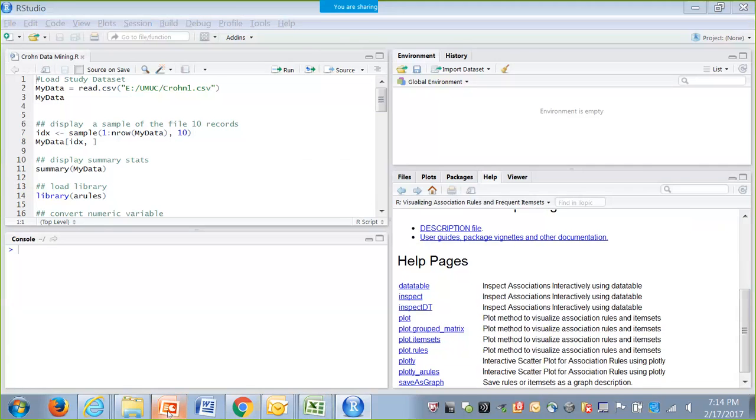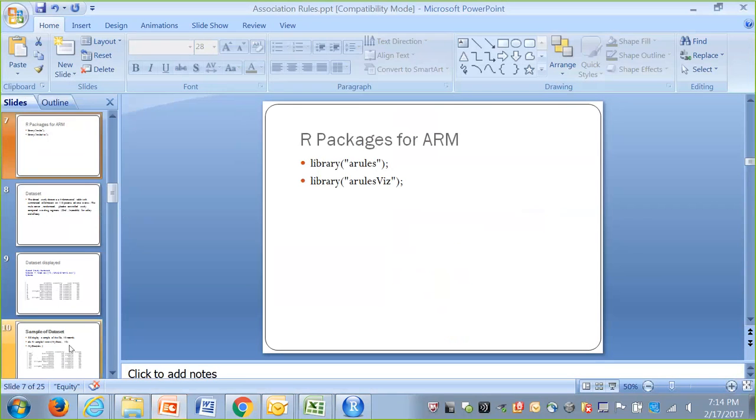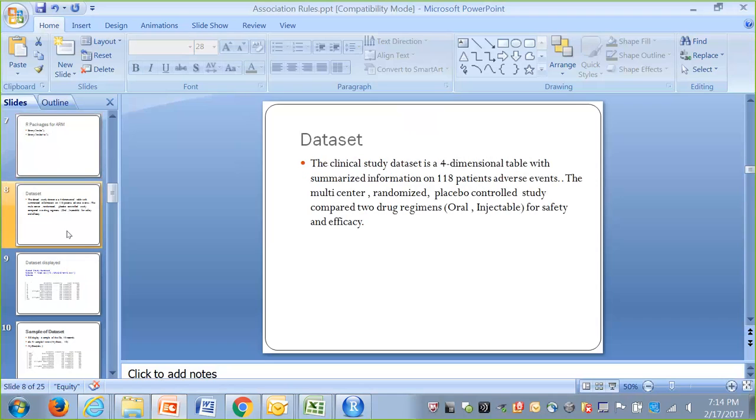Let's go back to our presentation. So the data set. My background's more on the clinical side, in terms of clinical analytics and understanding study data.